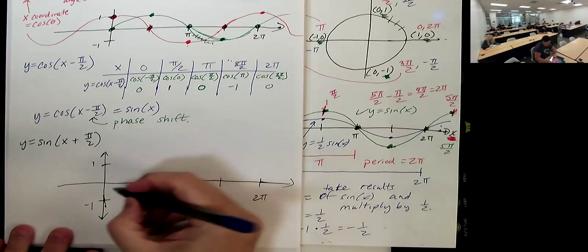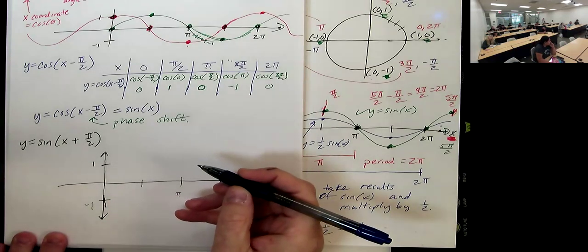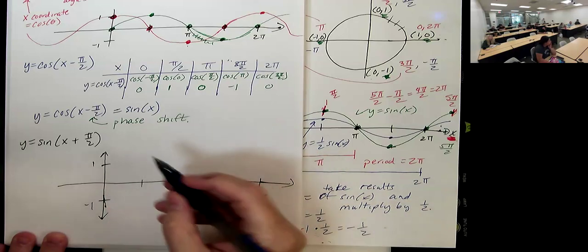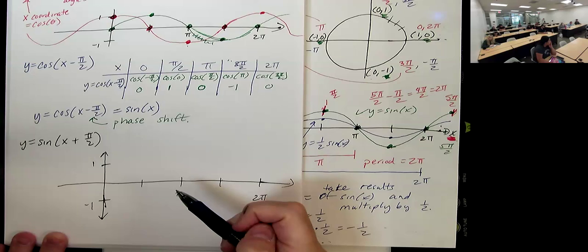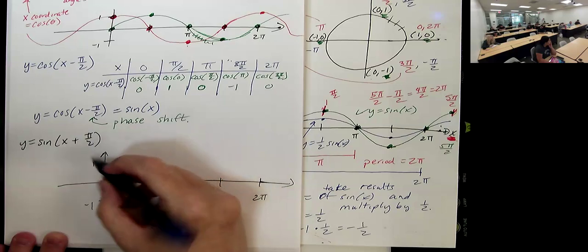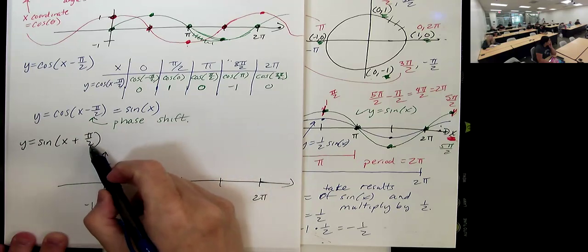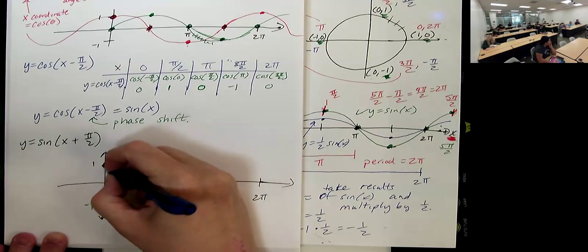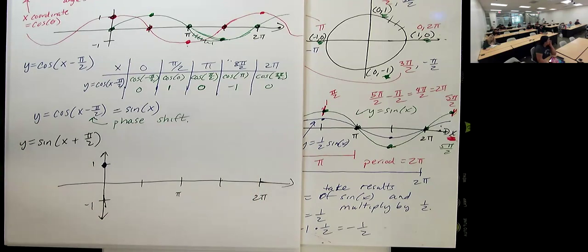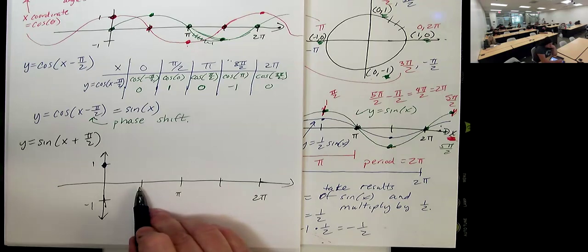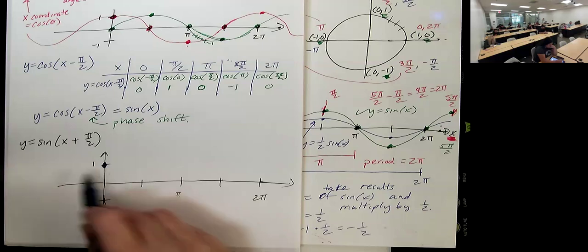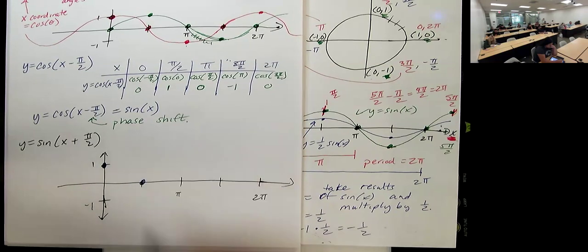So what value should I have for 0 radians? Positive one, right? I stick in 0, I have sine of pi over 2. Sine of pi over 2 is 1. What about if I stick in pi over 2? I'm doing sine of pi, and I get 0. And what about pi?